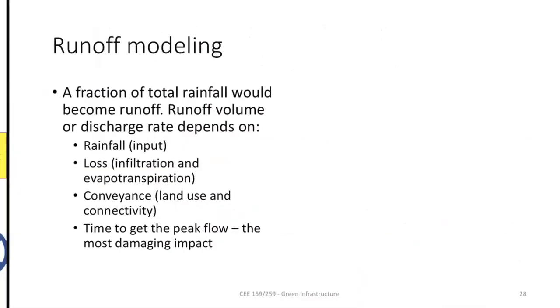And so again, as I said, the runoff depends on many factors. Rainfall, that's the input source. Loss means how much of that input leaves the system because of infiltration, evapotranspiration, or abstractions. And it also depends on how quickly it is moved from one location to another, or conveyance.